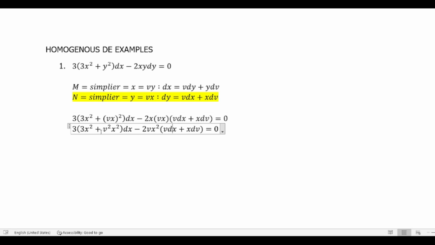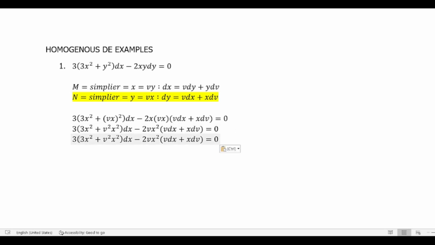After that, to lessen the terms, we can multiply both sides by 1 over x squared. But first and foremost, we're going to factor out x squared from this term. Let's copy paste this one. Once again, I'll be dealing with this step by step.